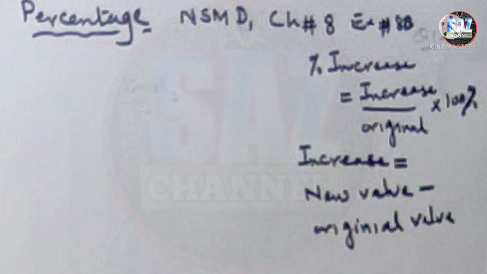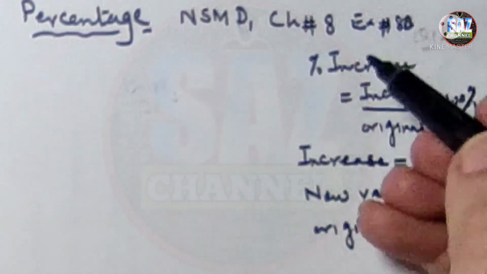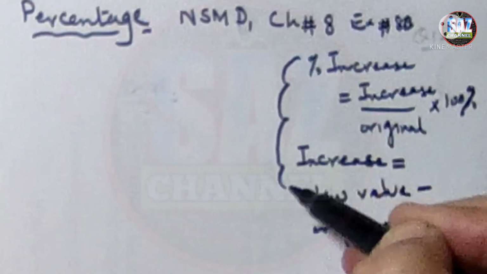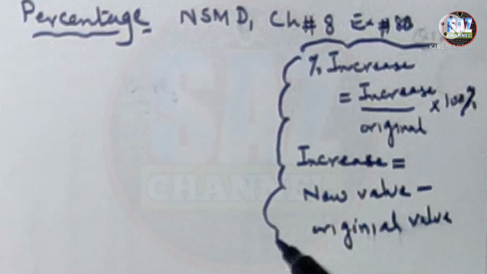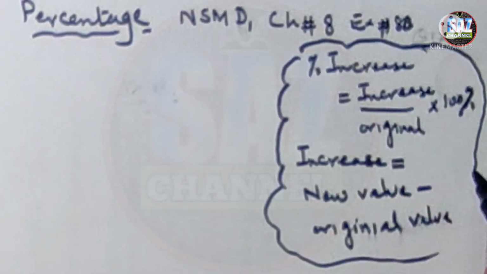This is the original cost. This is the cost which is in the beginning, which is given in the question. So we have to add them up carefully.